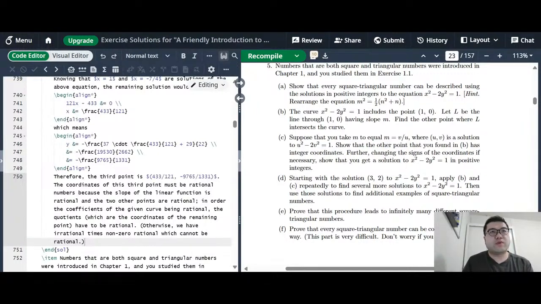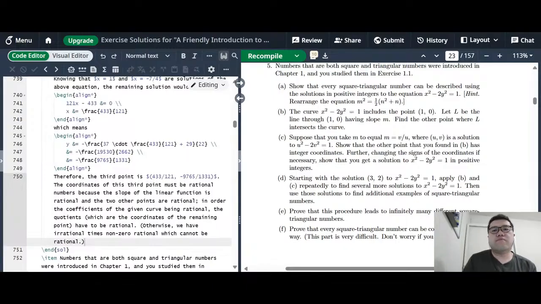Then the next one will be 5 more than the previous one, then 6 more than the previous one, and so on and so forth. Generally speaking, the nth triangular number is equal to 1/2 times n times the quantity n plus 1, also known as 1/2 times n squared plus n.